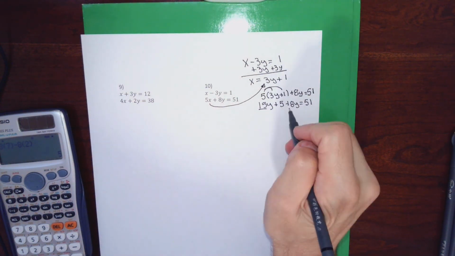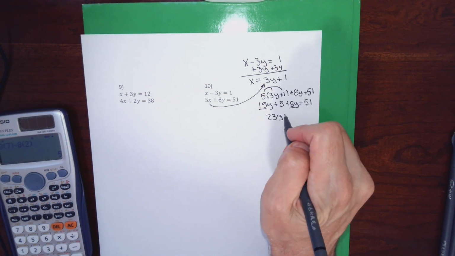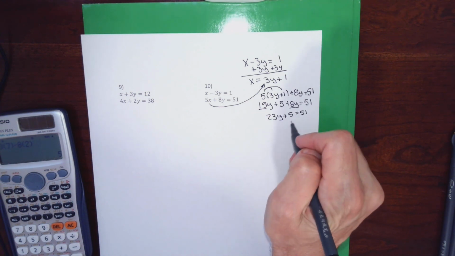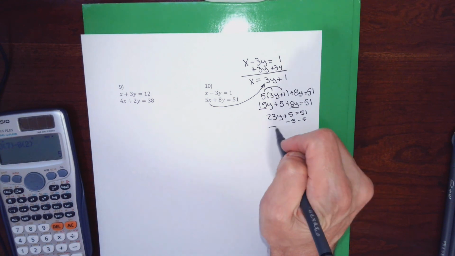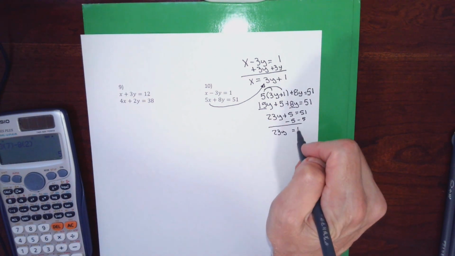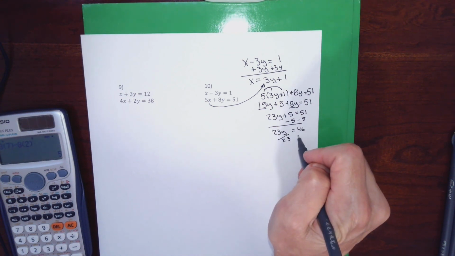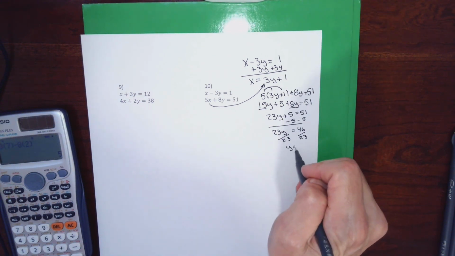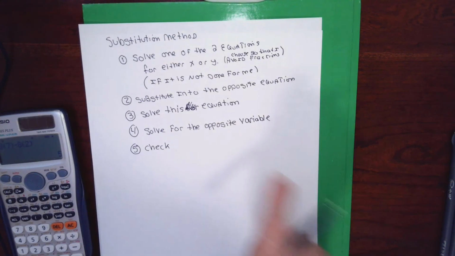I'm going to combine the 15y and 8y, which will give me 23y plus 5 equals 51. Subtract 5 from both sides to give me 23y equals 46, and then divide both sides by 23. You should be using your calculator if you can't do the arithmetic in your head. That will give me y equal to 2. That's the end of step 3.